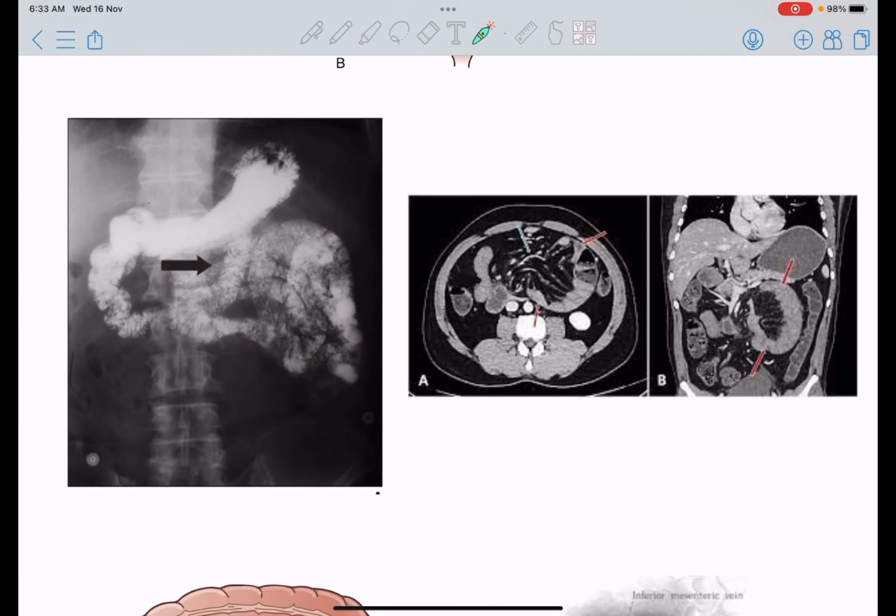If we take a look at the CT scan here, we can see that the bowel loops have collected and have herniated to the left side, forming a sac like this. And we can easily see the crowding of the mesenteric vessels across to the left side like these.